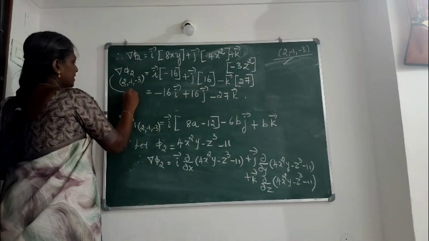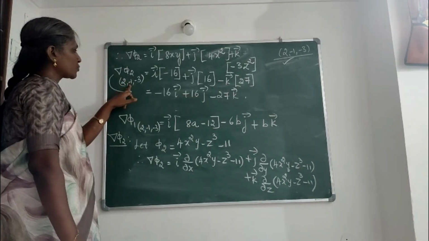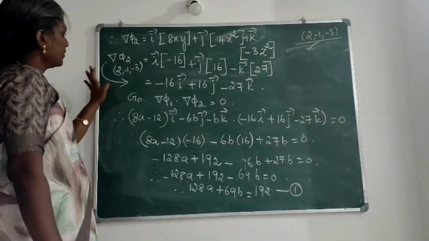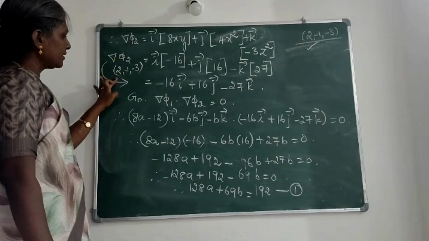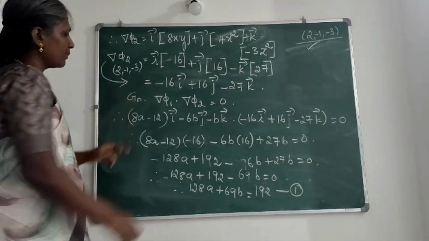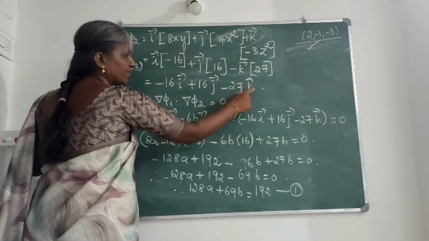This is del pi 2 at the point 2 comma minus 1 comma minus 3. Is that clear?